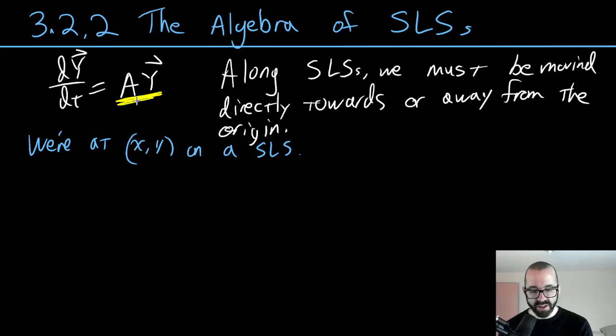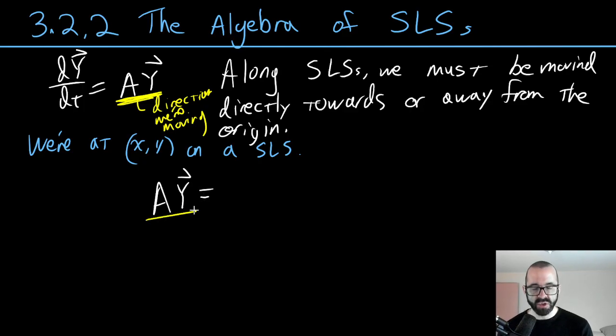This is the direction that we're moving. This is the vector that creates the vector field. And again, a direction field is just a vector field with arrows all the same length. I said the direction we're moving must be directly towards or away from the origin.